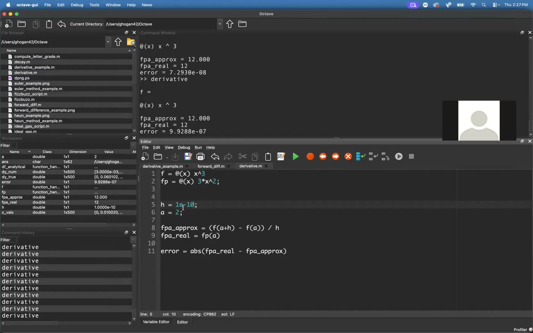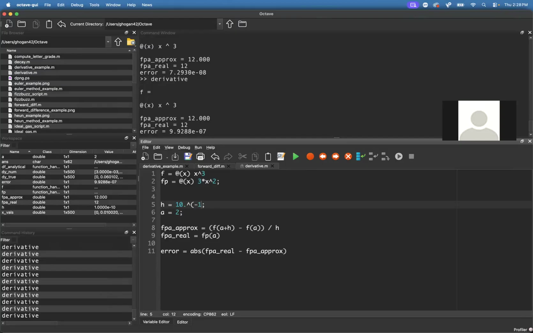So how about instead of doing this, our h values could be, maybe we'll do this, 10 to the power, and then we'll do negative 1. Actually, we'll do negative 2, negative 4, negative 6. Well, I don't like that. I don't know what I want.